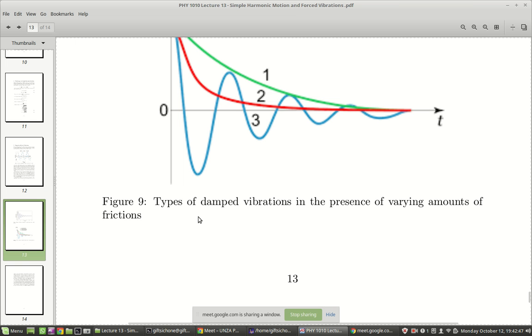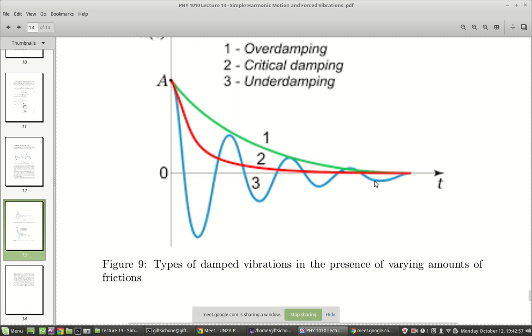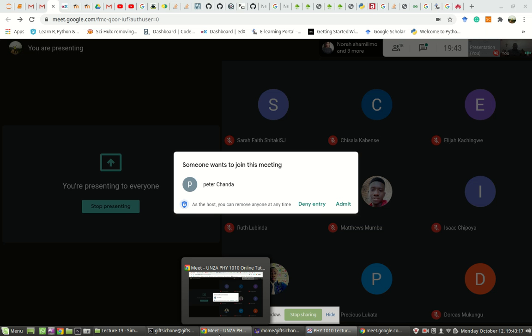The next bit we're going to look at is something called forced vibration. You do forced vibrations because in reality there is always a small amount of friction, and that friction is going to reduce the amplitude of the vibrations. For example, if you put your little brother on a swing, then you push them, okay?